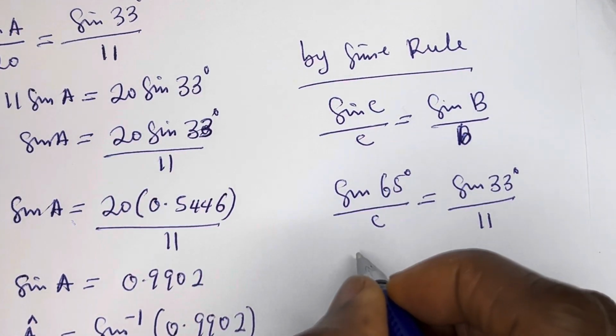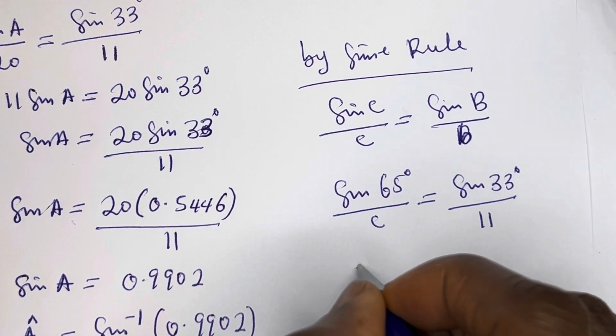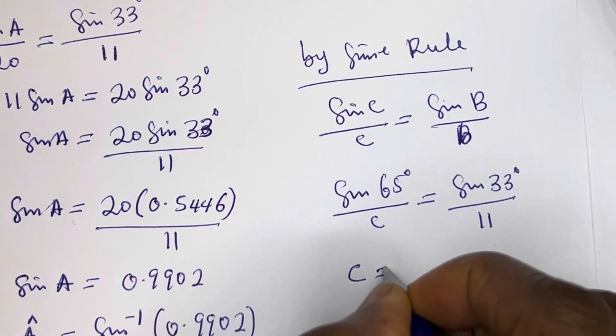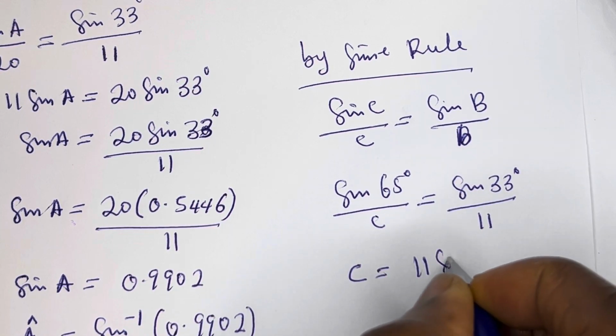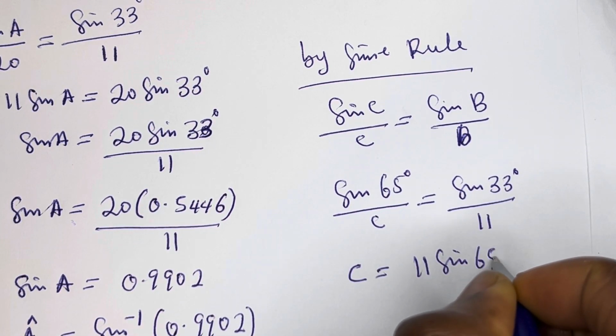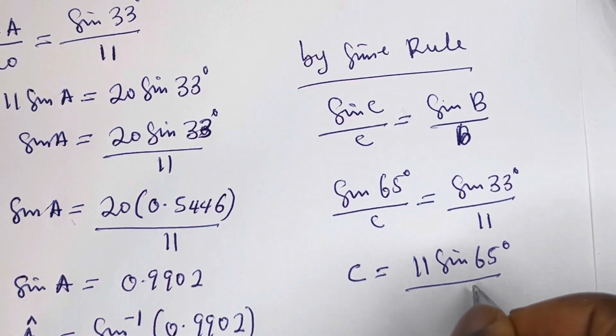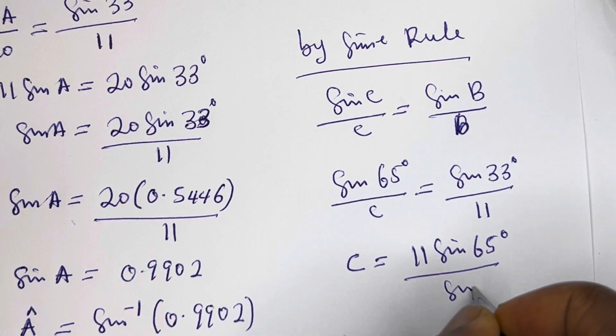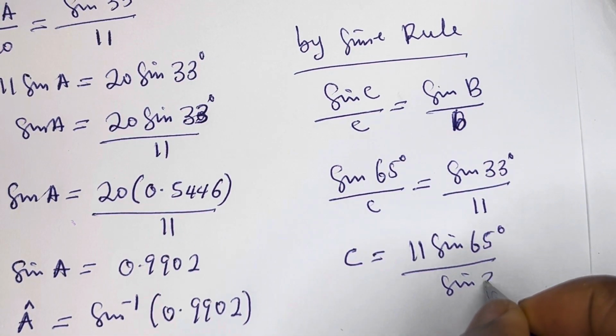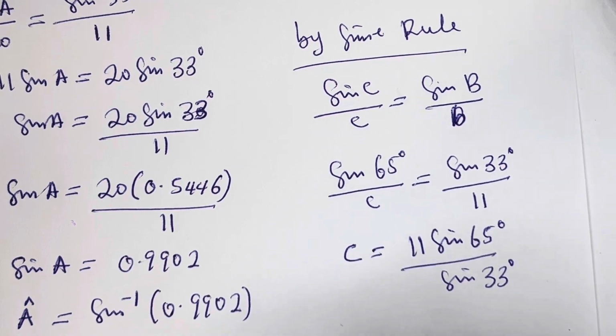Then here we have C is equal to 11 sine 65 degrees divided by sine 33 degrees.